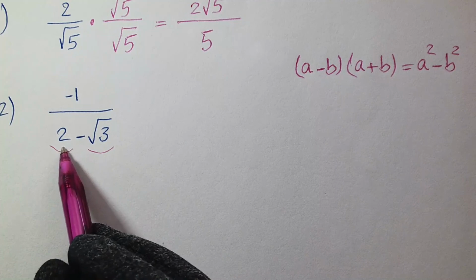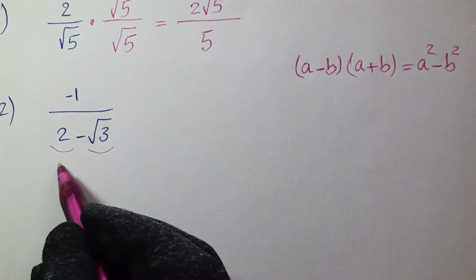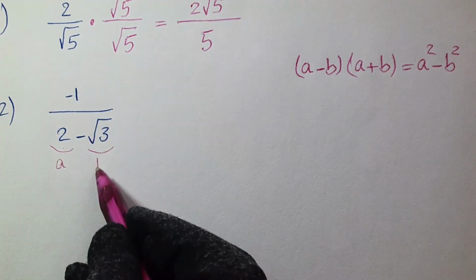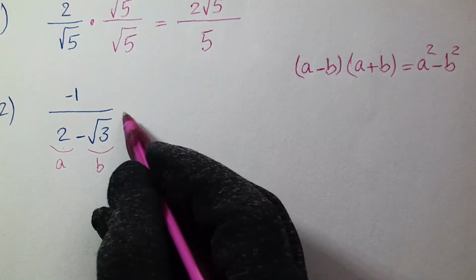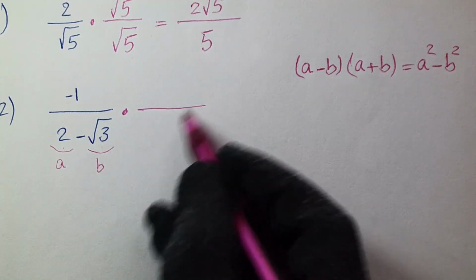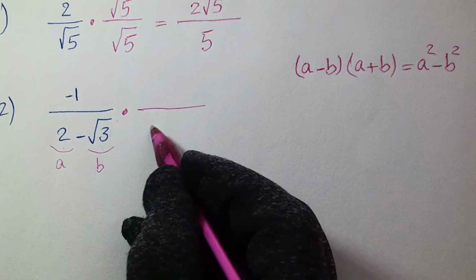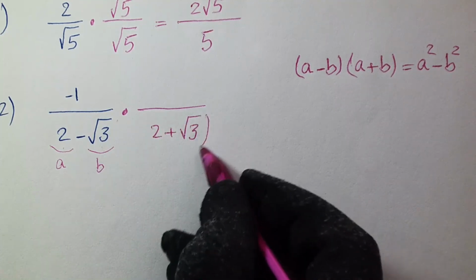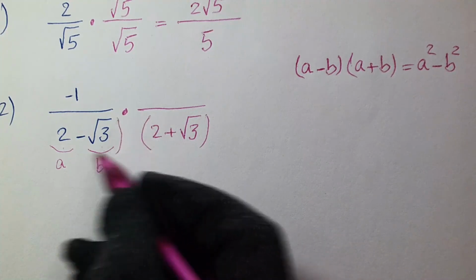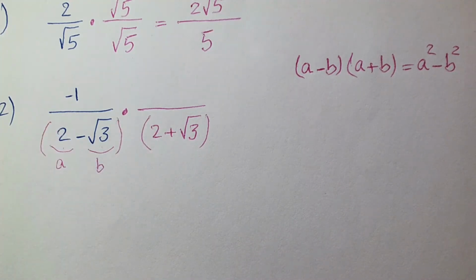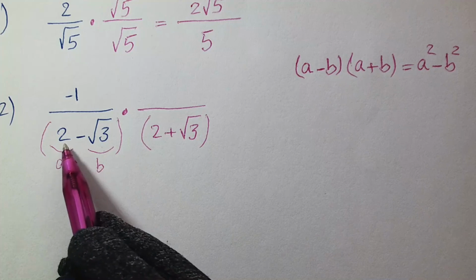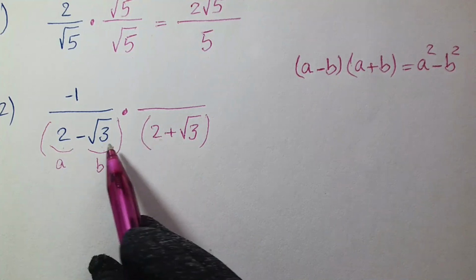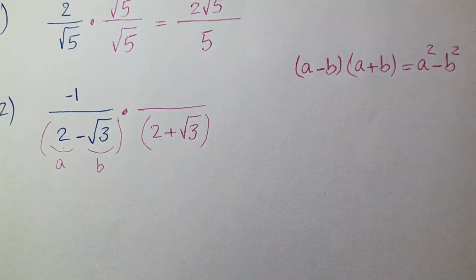Here in the denominator I have 2 minus square root of 3. 2 is a, square root of 3 is b. So if I multiply the denominator by 2 plus square root of 3, this is a plus b, this is a minus b. So I can then write the answer as 2 squared minus square root of 3 squared.